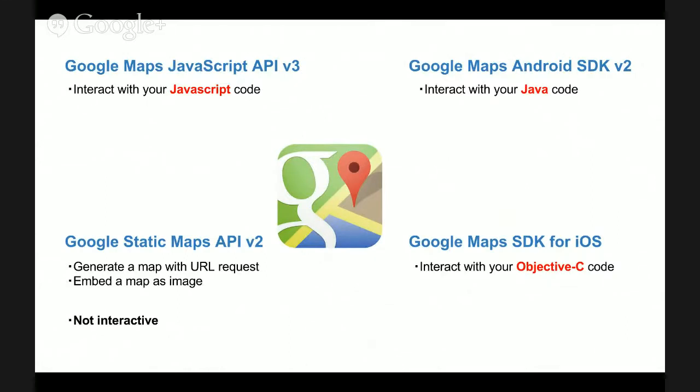Of these APIs, the easiest is definitely the Google Static Maps API, but the generated map is not interactive. Google Maps JavaScript API is the most popular way, but it is not suitable for application use because it cannot handle user gestures.